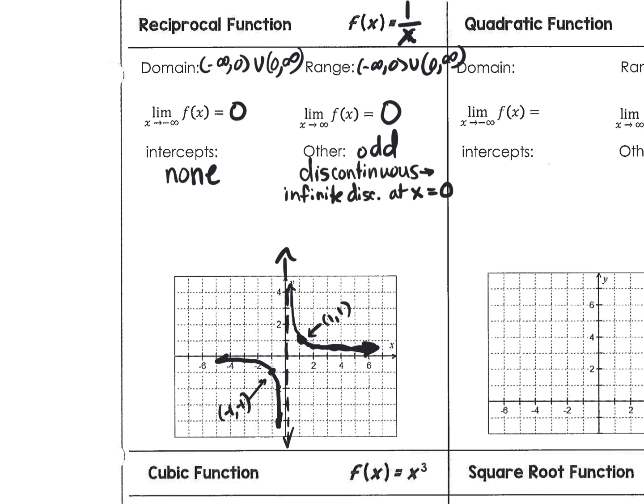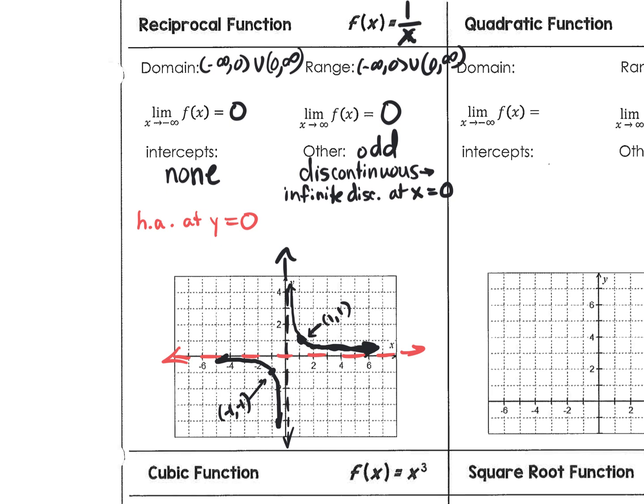Does it have any other type of asymptotes? What other type of asymptote does it have? What about here? Doesn't it have an asymptote there? So what type of asymptote is that? Horizontal asymptote at y equals 0, correct? All right.